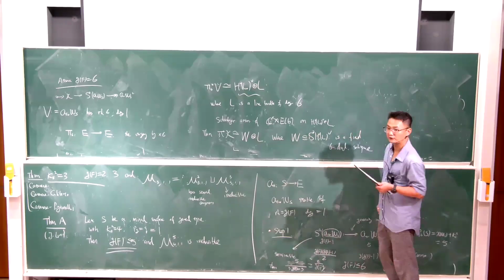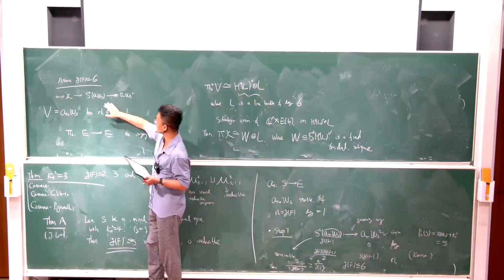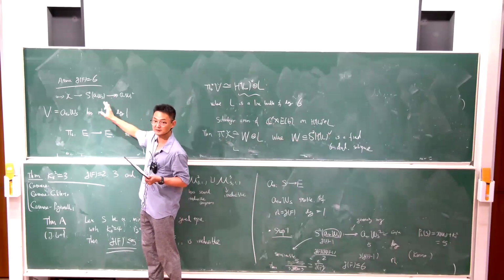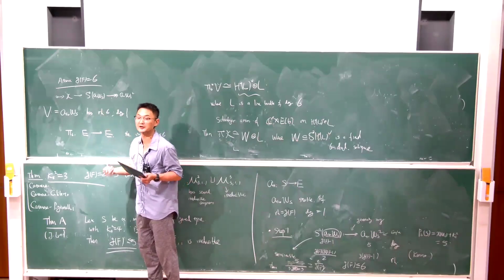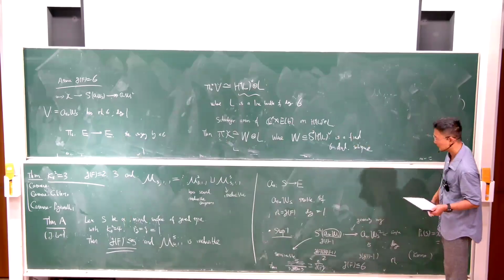Okay, so it's actually easy to understand because these 2 vector bundles have the same slope. The map here should be constant. So the kernel should also be constant. It cannot have variations.